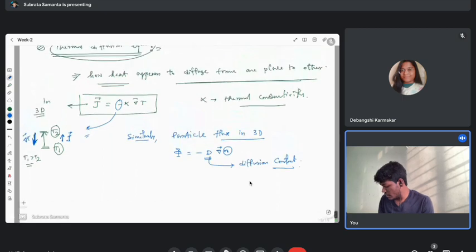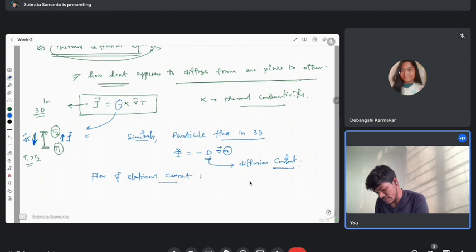Now recall our electrostatic case. The flow of electrical current is given by the charge current density.